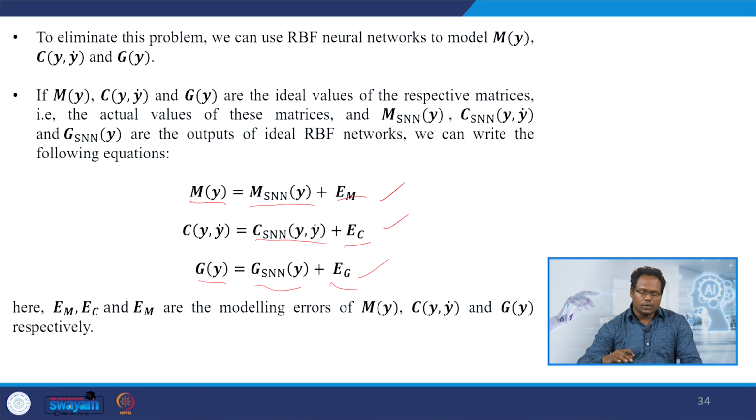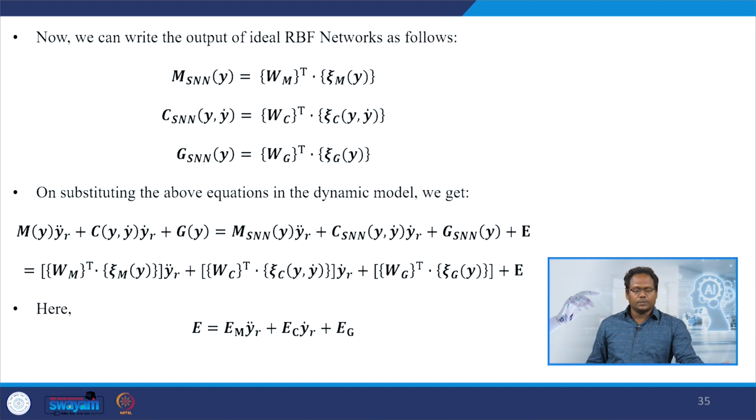These are the modeling errors associated with M of y and M_SNN of y. That means, the discrepancy between the ideal values of the model as well as the ideal values of the ideal radial basis function network output.